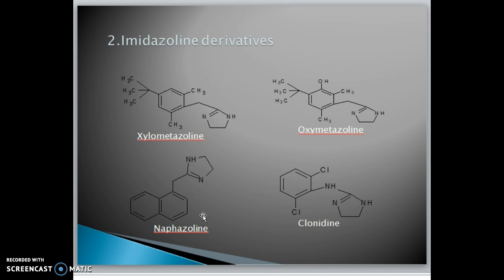If we observe carefully, the amine group in xylometazoline and oxymetazoline is present in the form of an imidazoline ring, as a tertiary amine, but not as a simple primary amine. Clonidine is actually an alpha 2 partial agonist, which means it acts at the alpha 2 receptors, but because it has direct action on the alpha 2 receptors, it is considered under directly acting sympathomimetics.